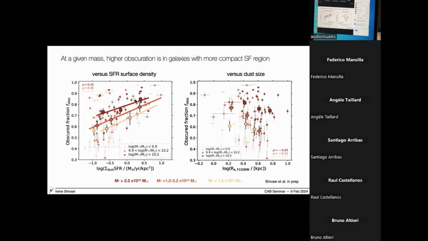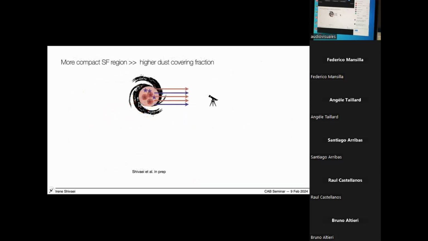This is what I showed in the previous plot as well. But at a given mass, we are seeing that the more obscured galaxies have higher star formation surface densities, or more concentrated star forming regions. This has been seen in the past with ALMA data as well, but for much more massive and star-forming galaxies and much smaller samples. And we can explain it with a very simple cartoon.